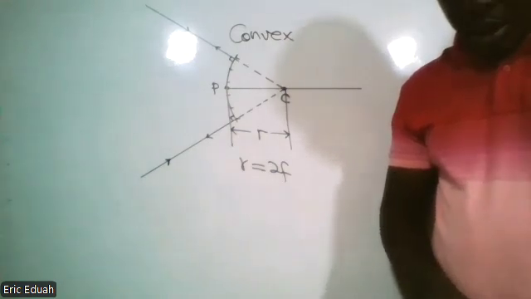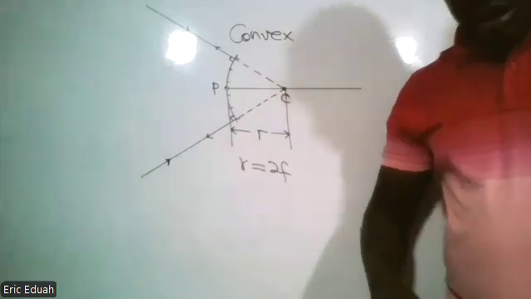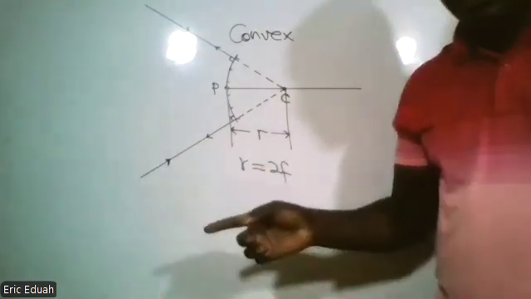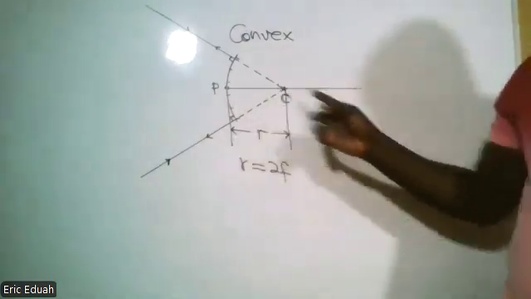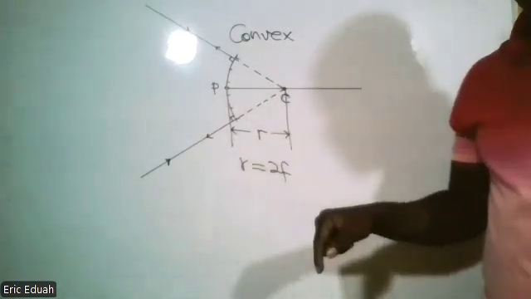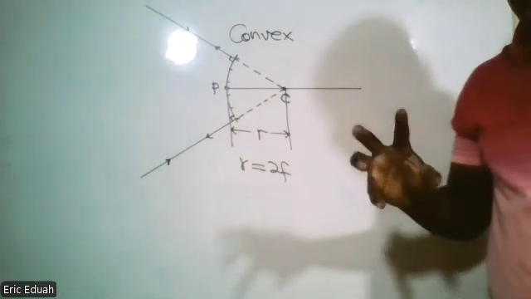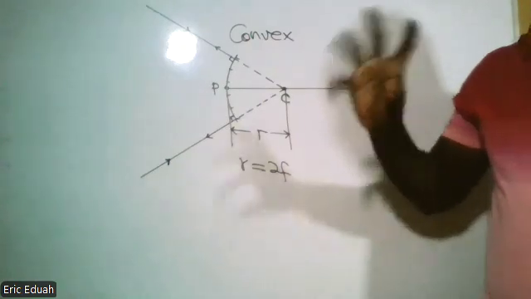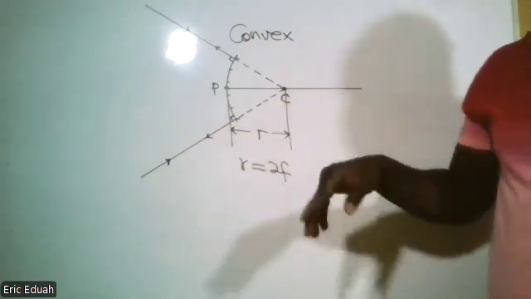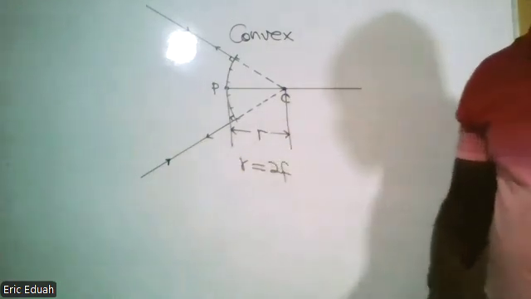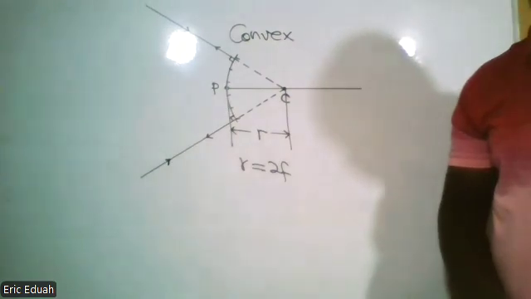Okay, so you mean it reflects along the same path and passes or converges at a point on the principal axis. Yes. So don't forget that part. Either passes or converges at a point on the principal axis. And this is known as the center of curvature. Okay.